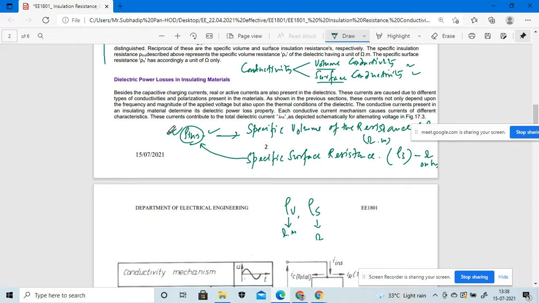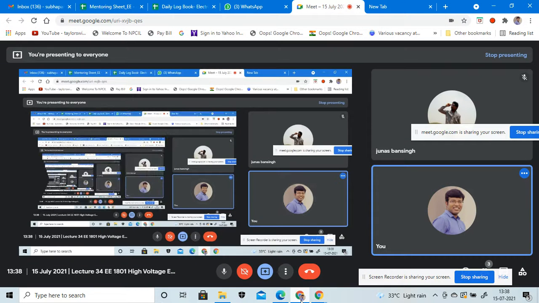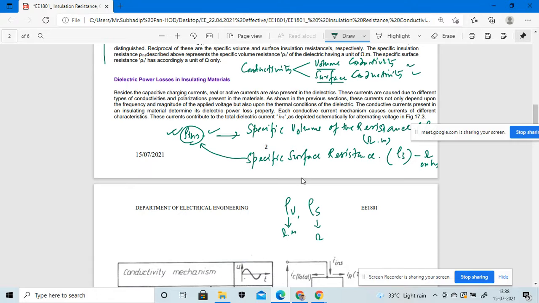Okay, so here we will see. For the specific volume resistance, the unit is ohm meter, and for the specific surface resistance, the unit is only ohm. Right.